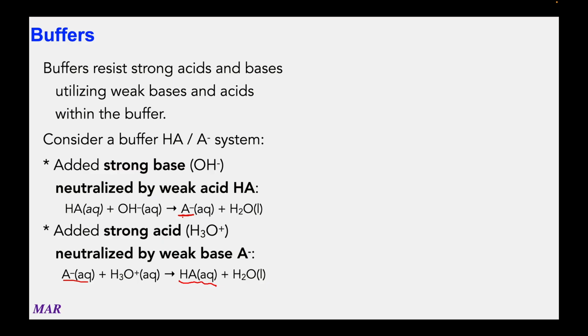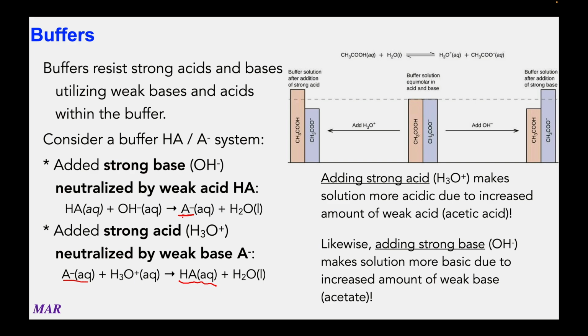This is just showing graphically what's happening. In the upper part, we're adding hydronium, a strong acid, and notice how the strong acid went up and the weak base went down. So bases and acids react, but in the process, more weak acid was made. On the right-hand side, we've got the strong base hydroxide.